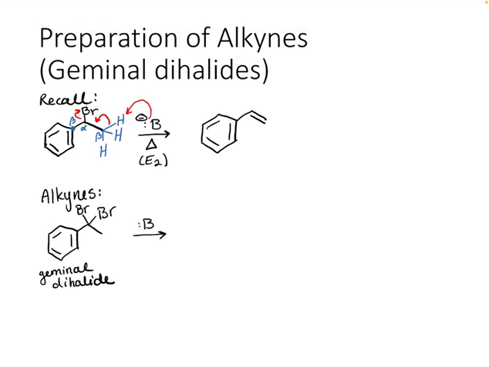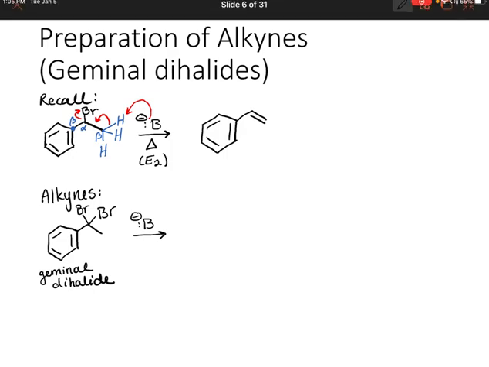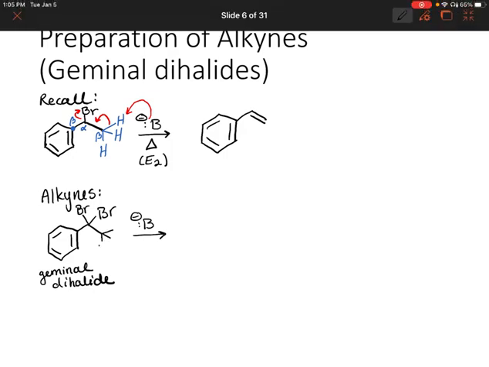All right, so then we're going to use a strong base again, and that's going to take one of the hydrogens bonded to the beta carbon. So pretty much the same as what we did above. And we're only going to kick out one of the leaving groups.